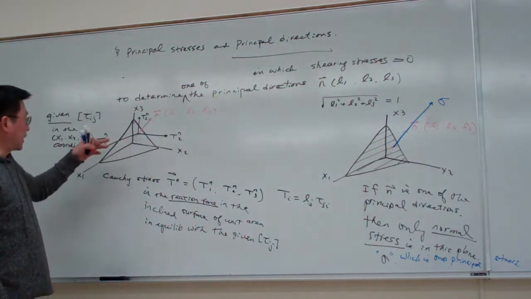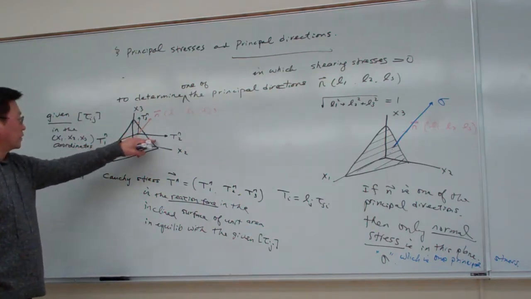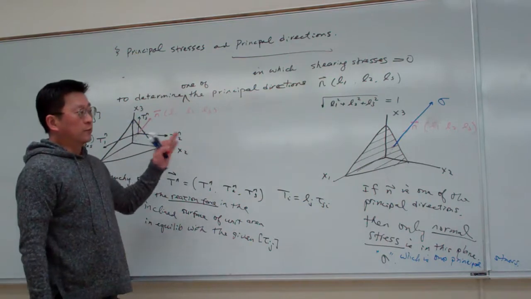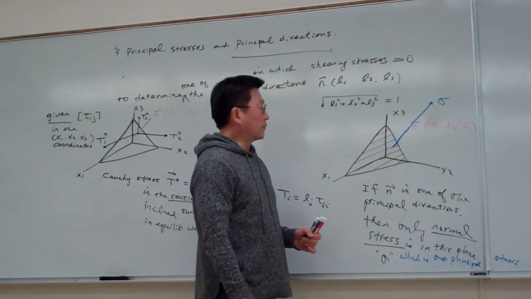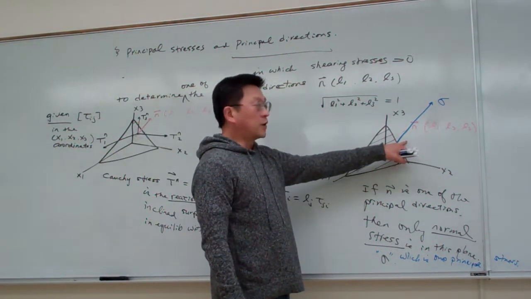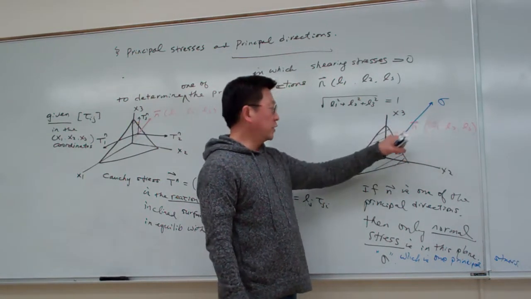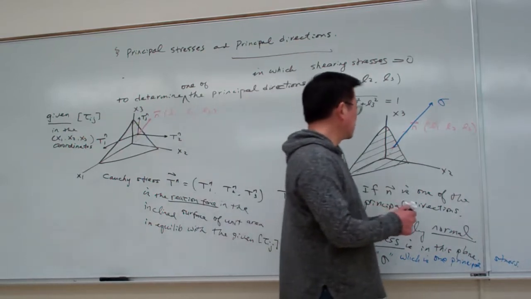The force on the inclined plane is in terms of the 3 components in the x1 to 3 directions. To make our calculation feasible, my job is to decompose such a sigma, which is in a particular orientation.